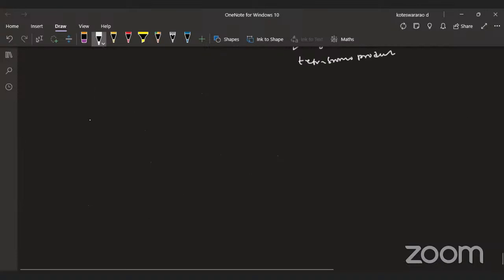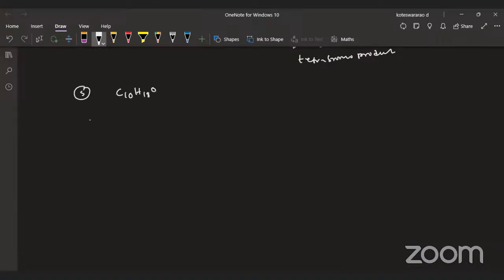Next, coming to the next point. Look here. This is the C10H18O alpha terpinol. Now we are adding one molecule of bromine. That leads to the formation of C10H18OBr2.